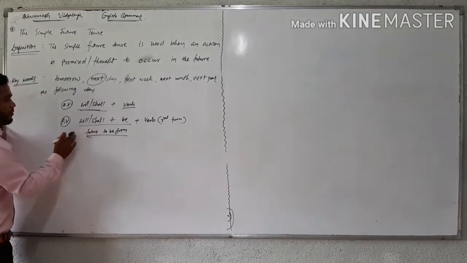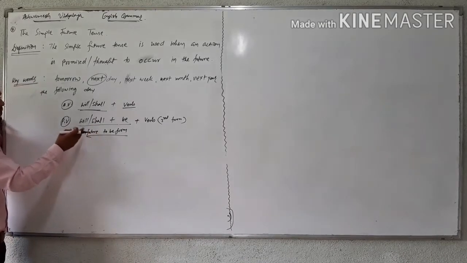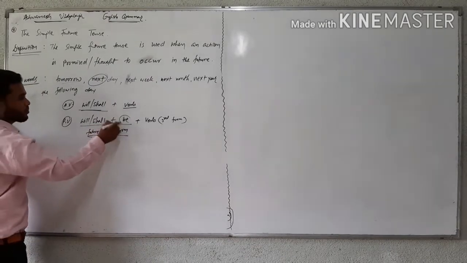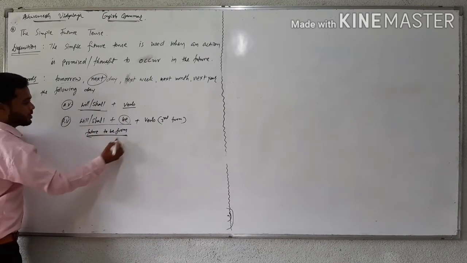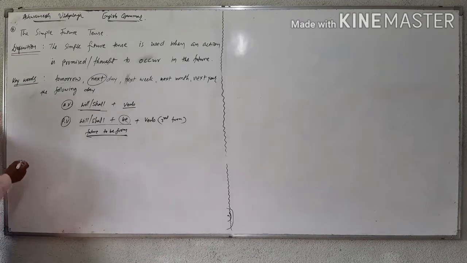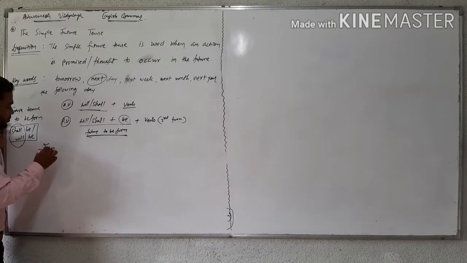With modal auxiliaries we use shall be and will be. This is the "to be" form of future tense. We use only the modal auxiliaries shall and will to show simple future tense.